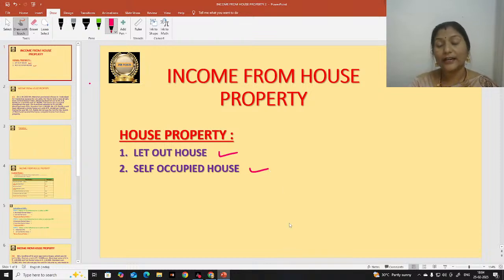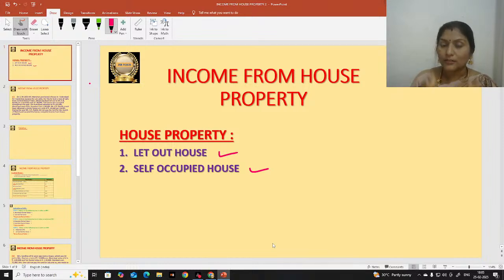But I started with let out house problems. Let out house means the assessee owns a house and gives that house on rental basis to a tenant. In case of let out house, every month he receives rent from the tenant and gets some income.